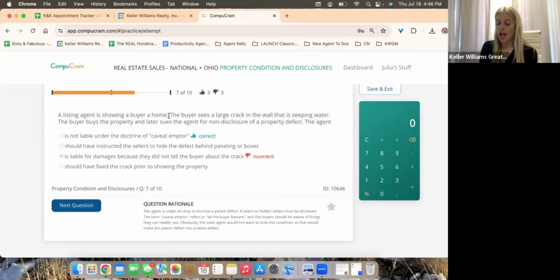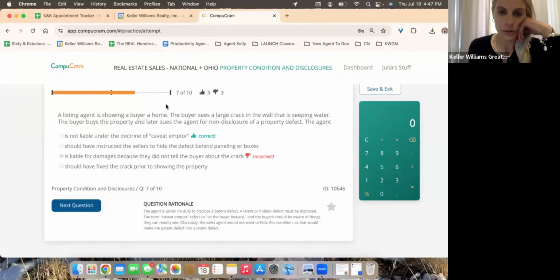If the buyer saw the crack prior to purchasing the house, then they can address it and potentially lower their offer or have the seller fix that prior to moving in. But in this case, it doesn't really give you much detail, so it's kind of hard to gauge what the best one is, but the buyer is not able to because they're not liable under the doctrine of buyer beware.